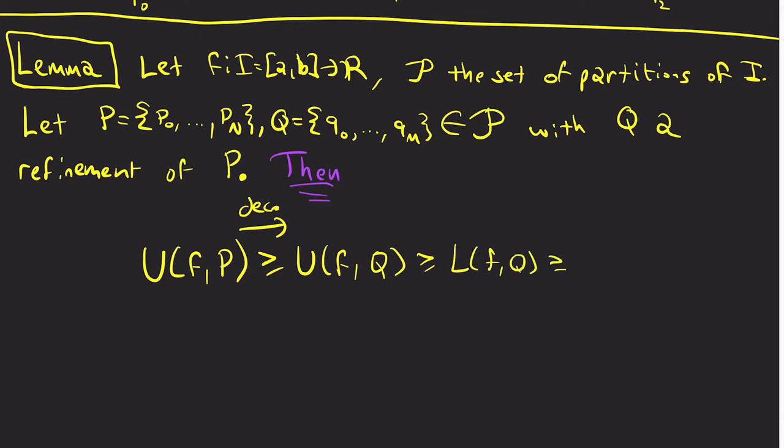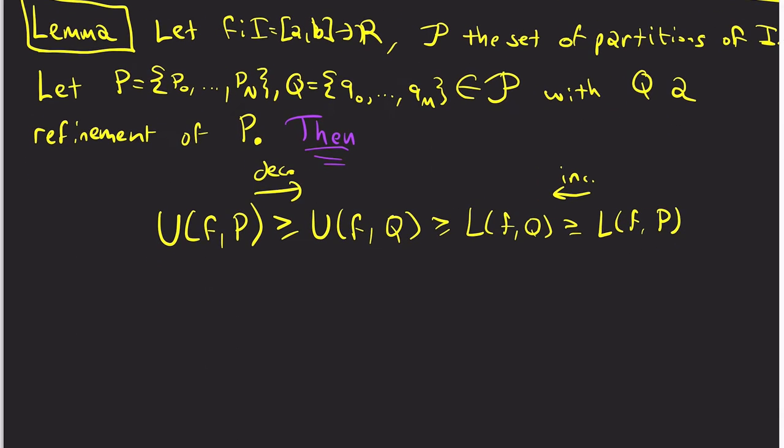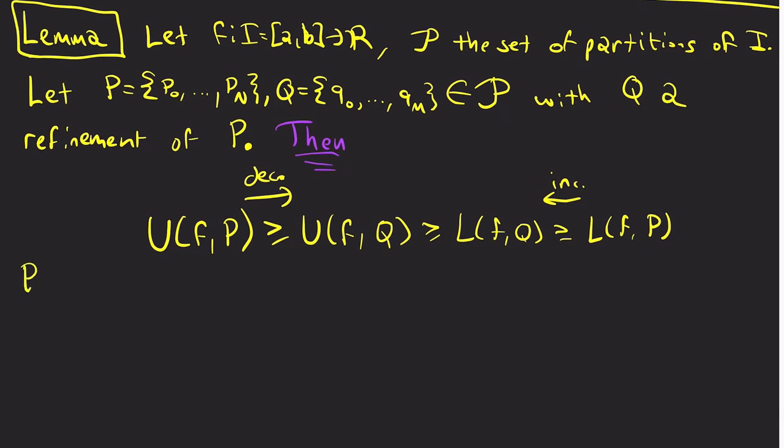And since we're taking the supremum of the lower integral, it should increase under the refinement operator, not Q, P. So as we refine the mesh, the lower integral increases. So it's a fundamental property, and you can see why we're going to use this tool over and over again. So I'm just going to show the upper integral here.